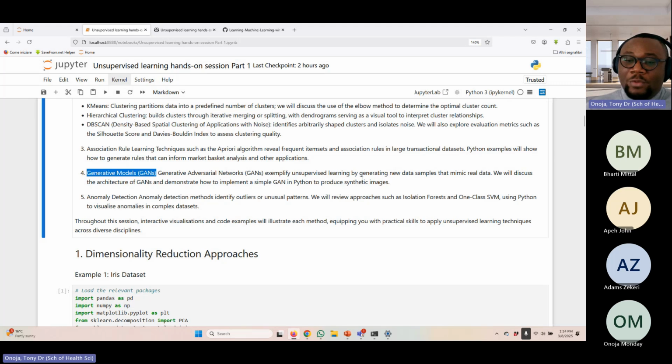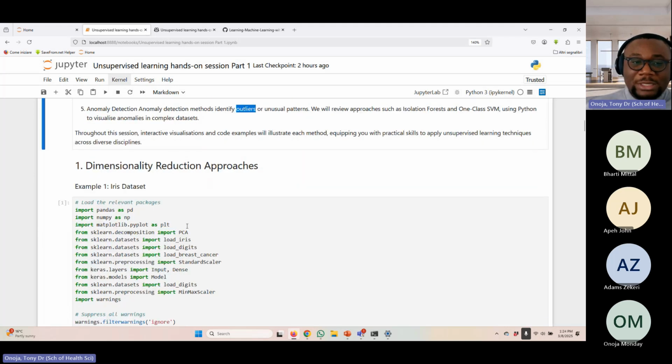So again, we talked about the encoding and decoding in the GANs. And then anomaly detection, like we said, is just looking out for the outliers, the black sheep in the data set, the data point that you could spot and say this is it.